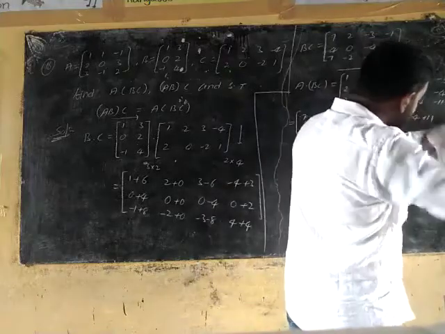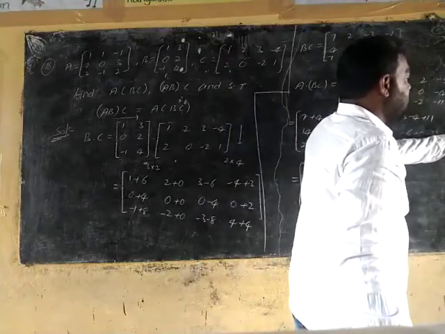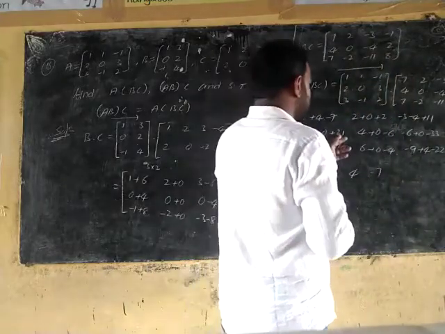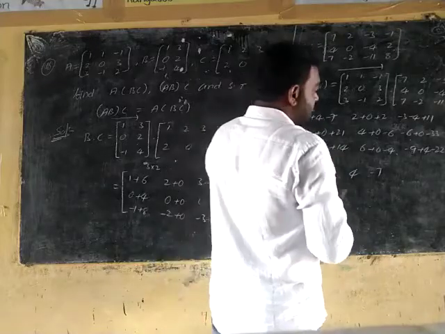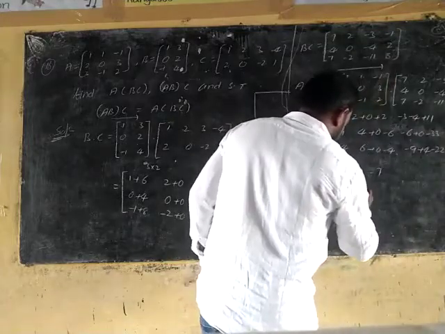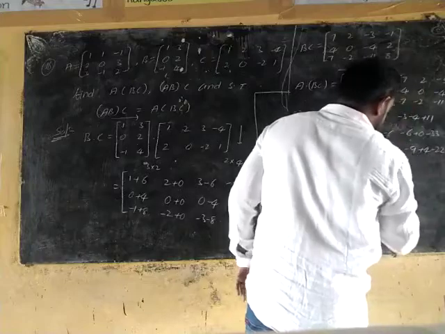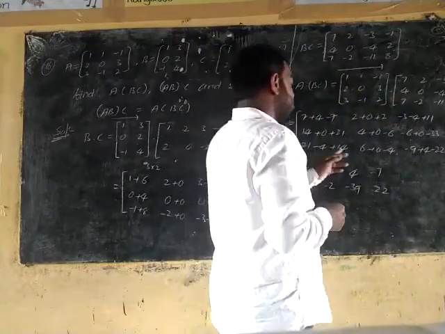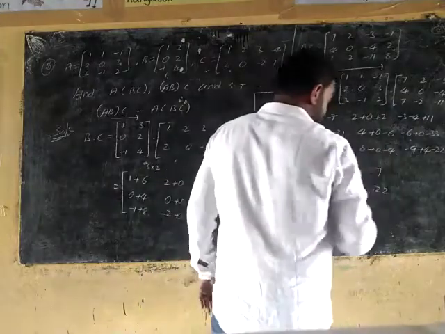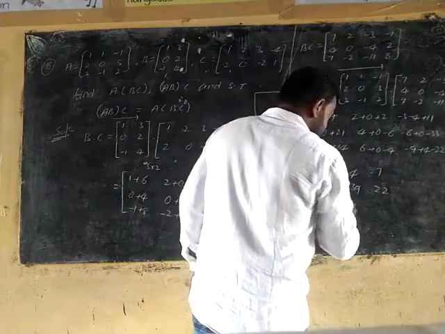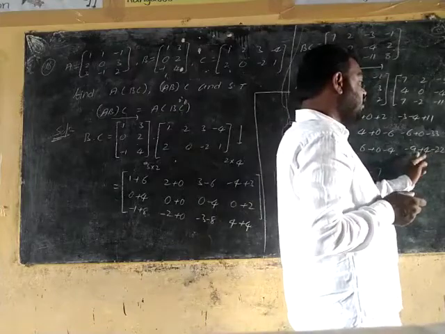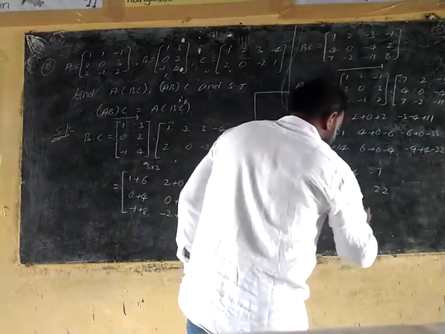Next, minus 1 minus 8, minus 9, plus 2, minus 7. Next, 14 plus 21, 35, minus 4 is 31. 4 minus 6, minus 2, minus 6 minus 33, minus 39, plus 24 is minus 15. Next, minus 4 minus 14, minus 18 plus 21... next, minus 9 plus 4, minus 5, minus 5 minus 22, minus 27.